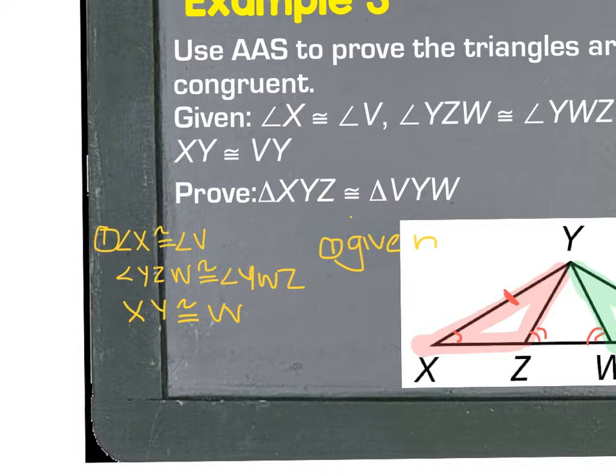And then we know what we want the last statement to be. What do you want your last statement to be? Not angle, but triangle.